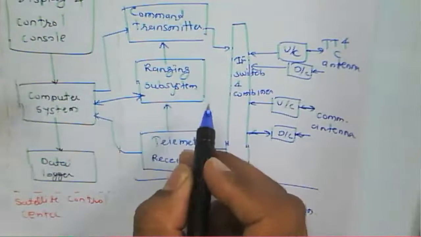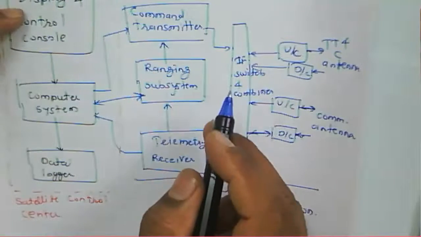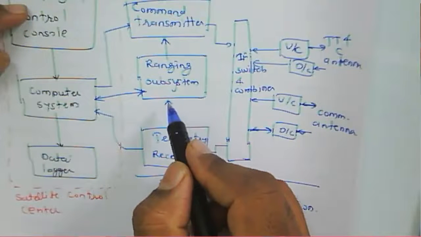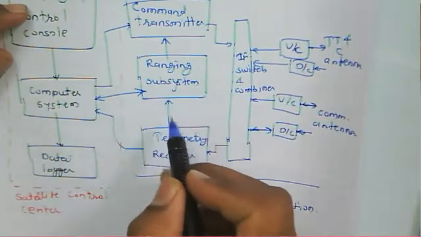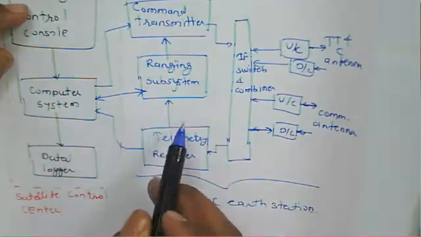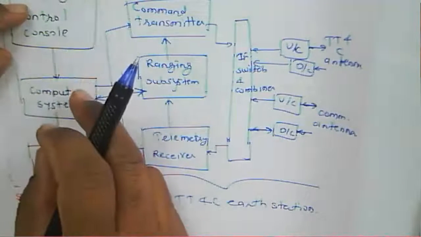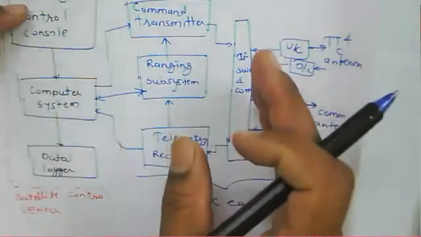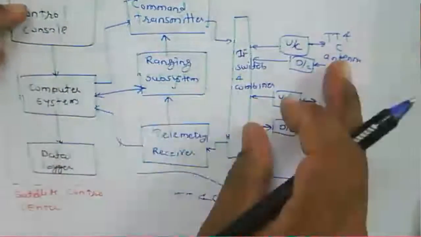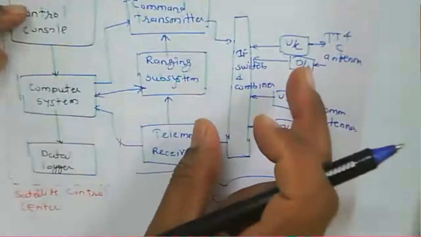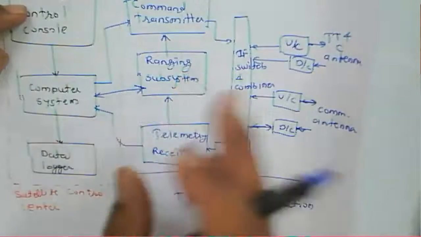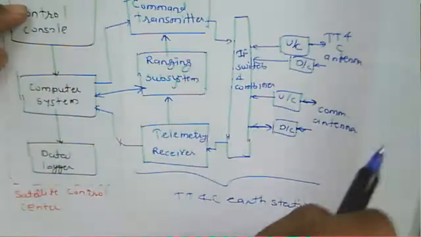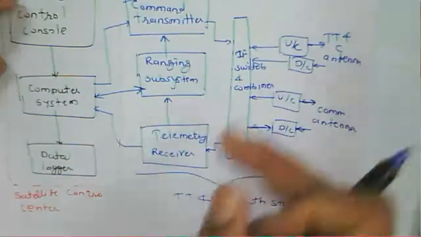So the data from both, they have the ranging information. If it has the ranging information, it is compared with the data stored in the computer, and according to that, data is transmitted to the uplink, which is useful for measuring the delay between the transmitted and received data from the two different ranges, and then calculating the range of that particular satellite.